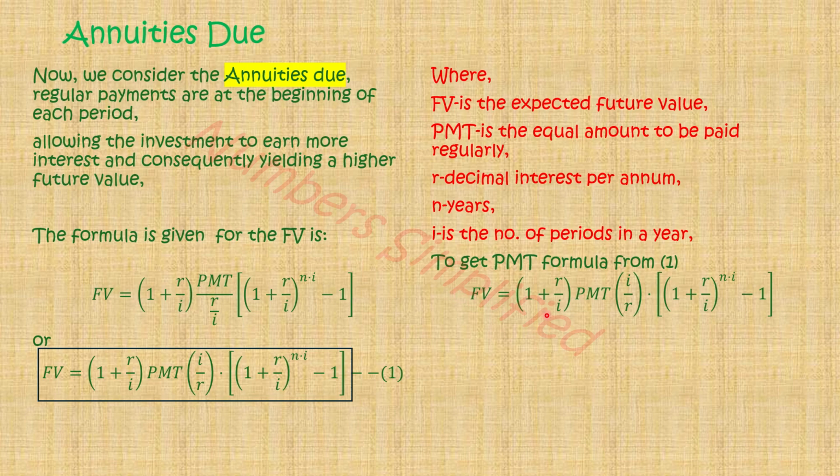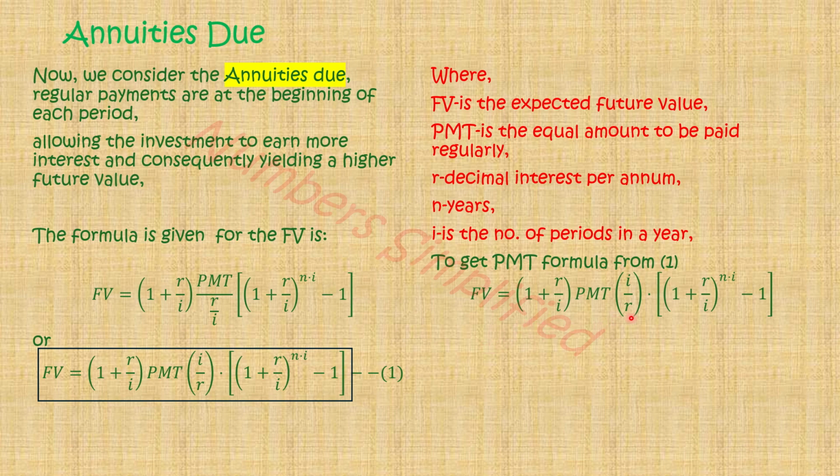So the first thing would be to detach every other thing that is being multiplied on the PMT. For instance, we have the 1 plus R over I. So dividing both sides by that term, we are going to have FV divided by 1 plus R over I.